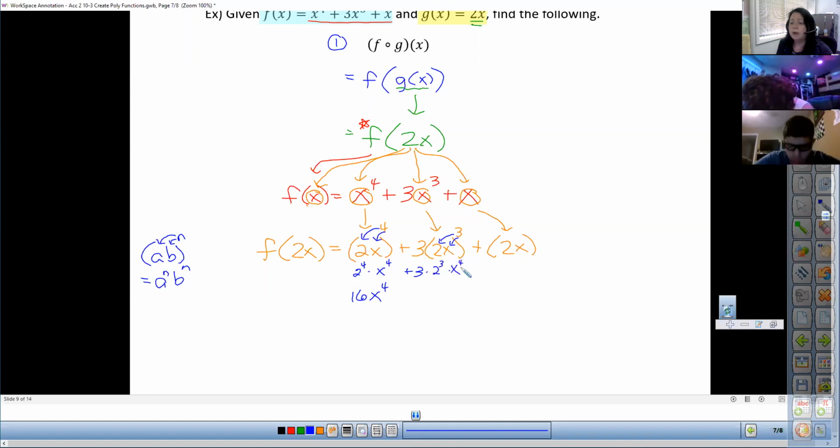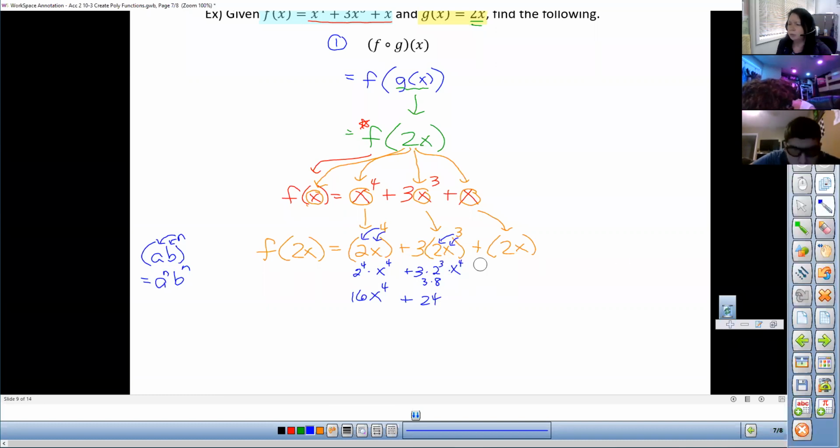Again, follow your order of operations here. Order of operations says I do exponents before multiplication. So I have to do 2 cubed before I multiply by 3. 2 times 2 times 2 is 8, so this is 3 times 8, which is 24. So I get plus 24, and that x should not be to the 4th, it should be to the 3rd. Sorry about that. X to the 3rd.